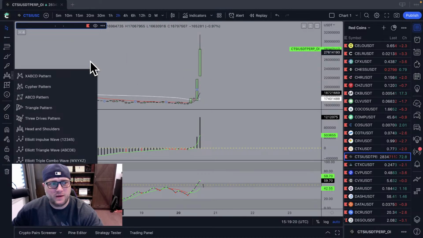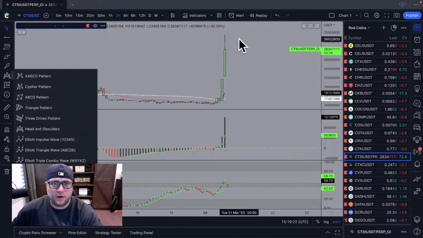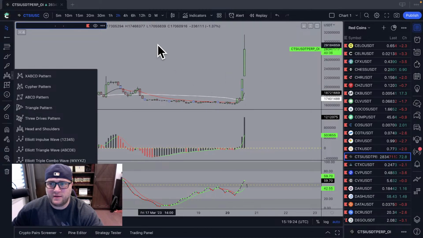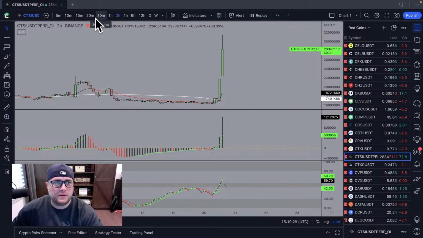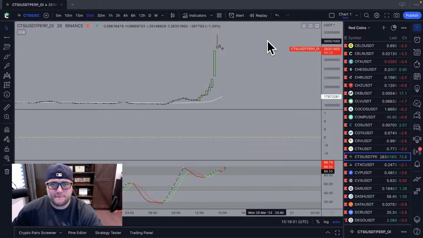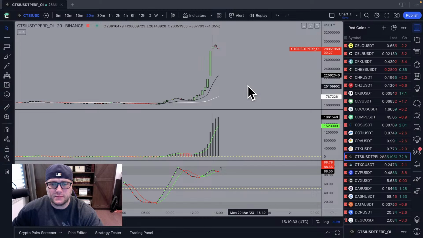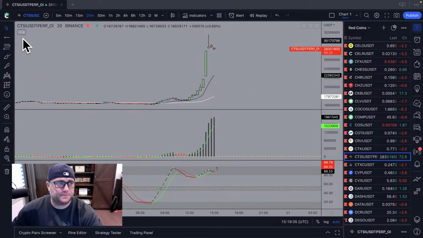But if you can catch this momentum moving downwards, you can see that we have a nice little red candle or wick up there.